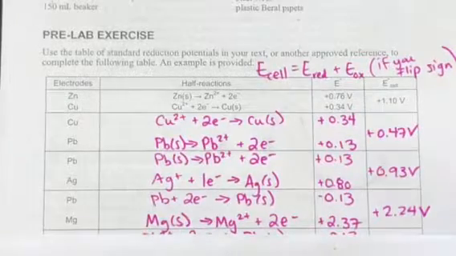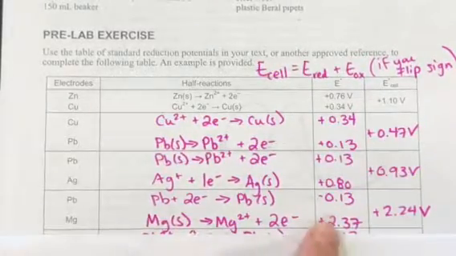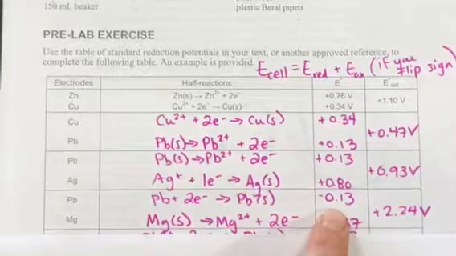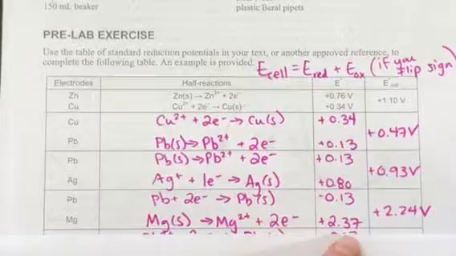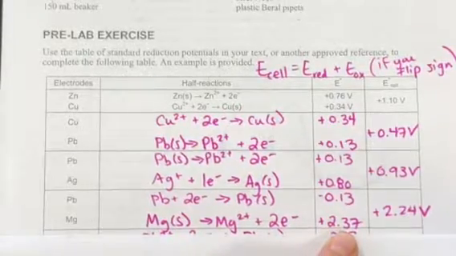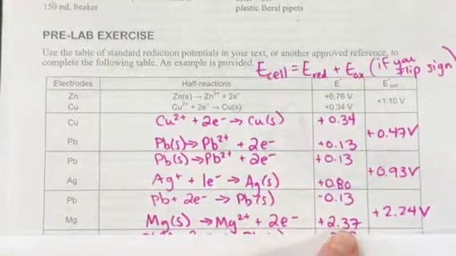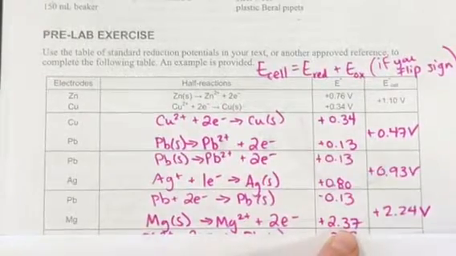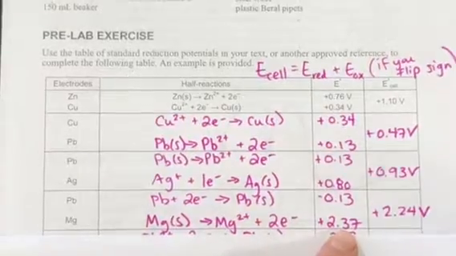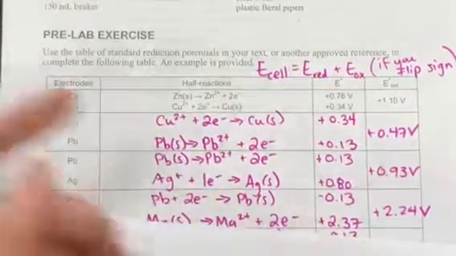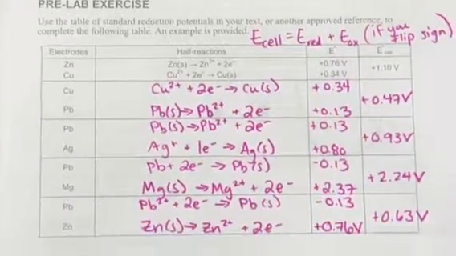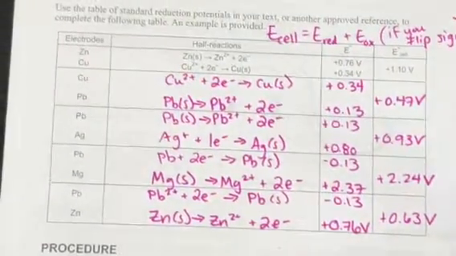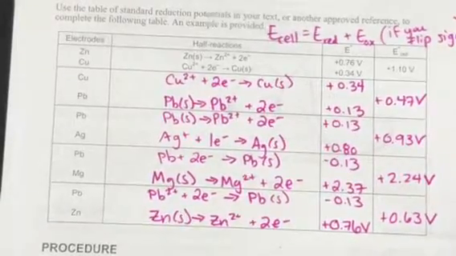As you go down, you'll notice here it is a negative 0.13, because in this case I flipped the sign, since magnesium was going to be the one that is oxidized, the reducing agent, and so it's flipped, and you end up putting those all together. So those are very similar. They're the identical answers, reached the same way. So those are 2 ways that you can approach it, hopefully answering some of the questions.